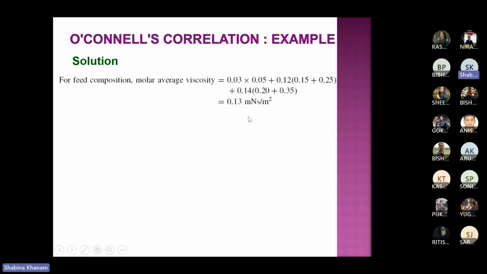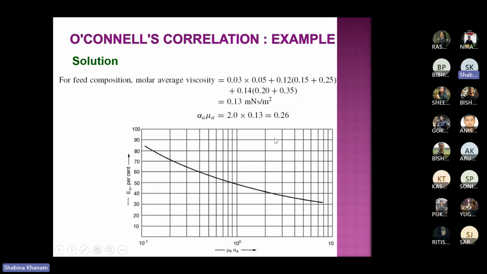The viscosity is 0.13 millinewton second per meter square, not meter, it is millinewton. In this way you find alpha A and mu A, and you can read the column efficiency from the graph, and that you can find as 70%.